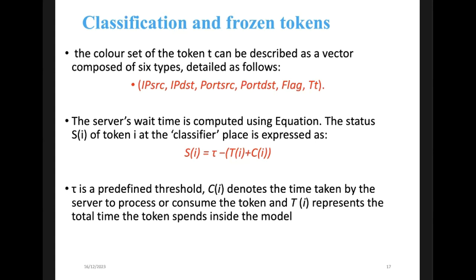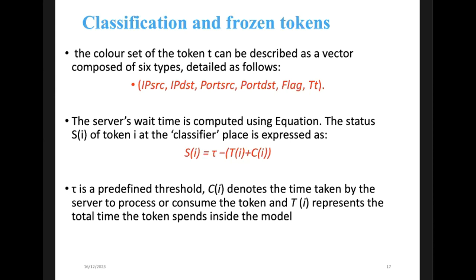The color set can be either timed or untimed, and all places associated with a timed color set are termed timed places, and so are the arcs connected to these places. So the color set of each token can now be described as a vector composed of 6 types of details: IP source, IP destination, port source, port destination, TCP flag, and we now add a time value assigned to each token.